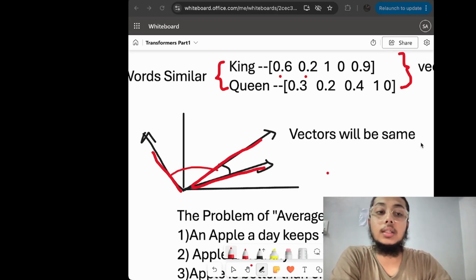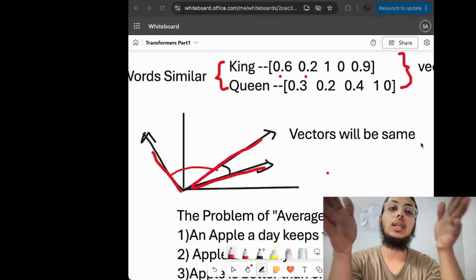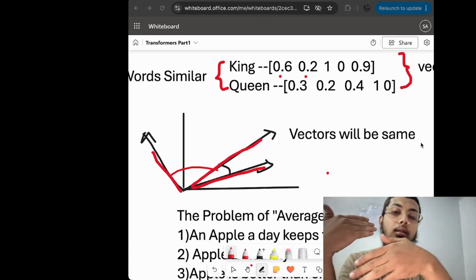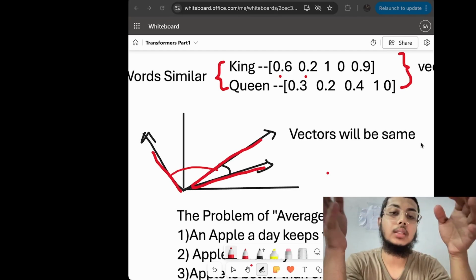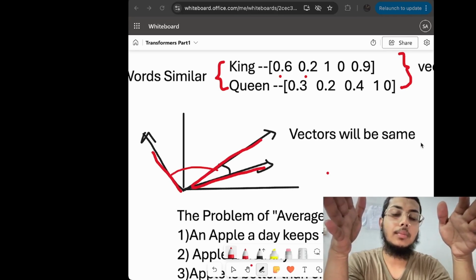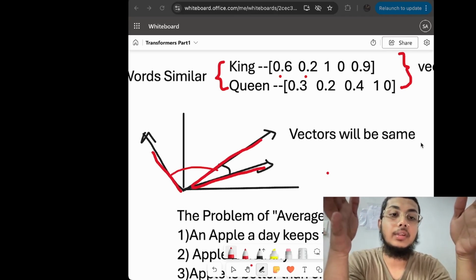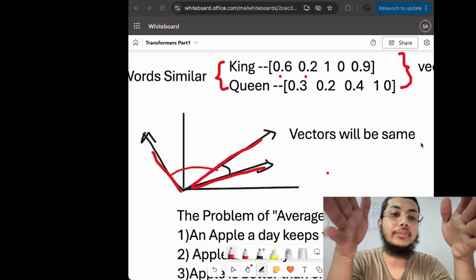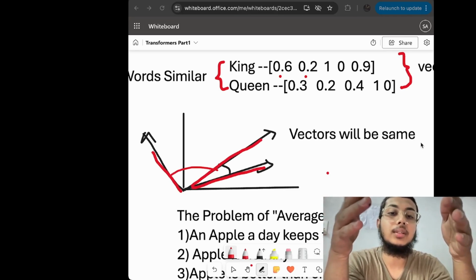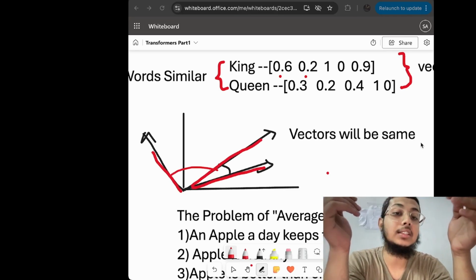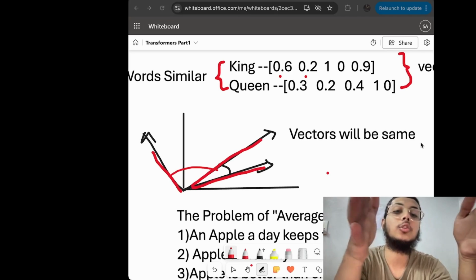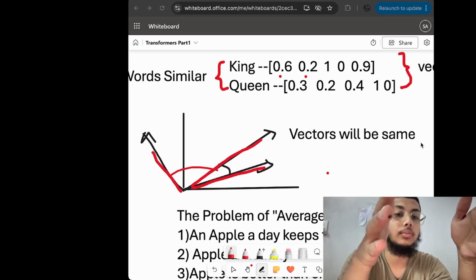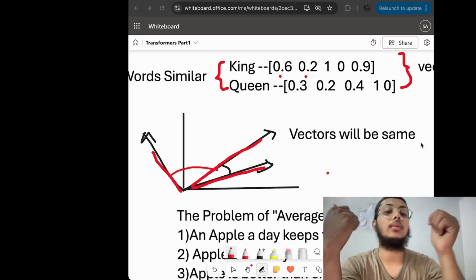The third can be that it represents being human. Since cricketer is also human, a king is also human, a queen is also human, so all three words will be high.